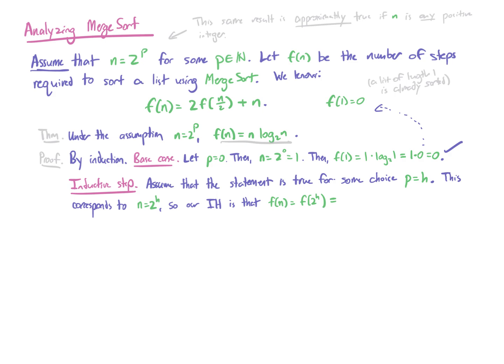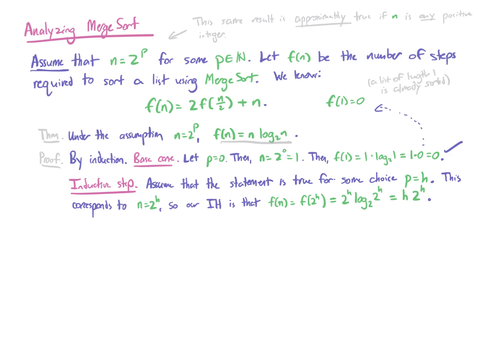So I'm going to have 2 raised to the power h log base 2 of 2 raised to the power h. And by log rules, the logarithm of 2 to the power h simplifies, and it just becomes an h. And so I'm going to have h times 2 raised to the power of h.